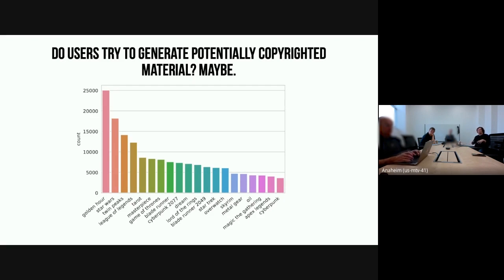Similarly, when users ask for things that are classified as art by the named entity recognizer, we find a lot of things like Star Wars, Twin Peaks, League of Legends, Cyberpunk, all these name brand IP that people are asking for. So we see a little bit more risk on this front as well.